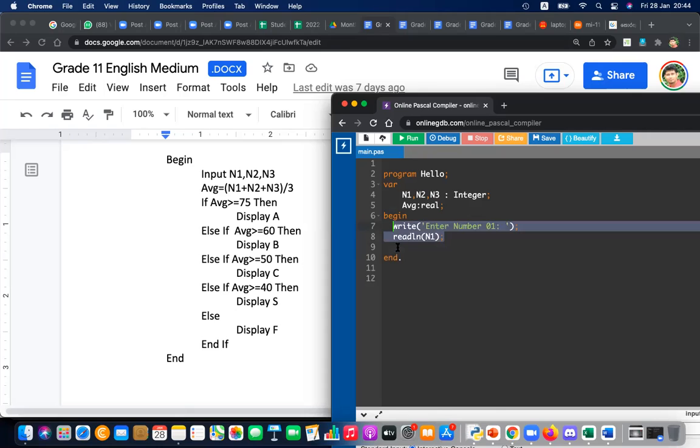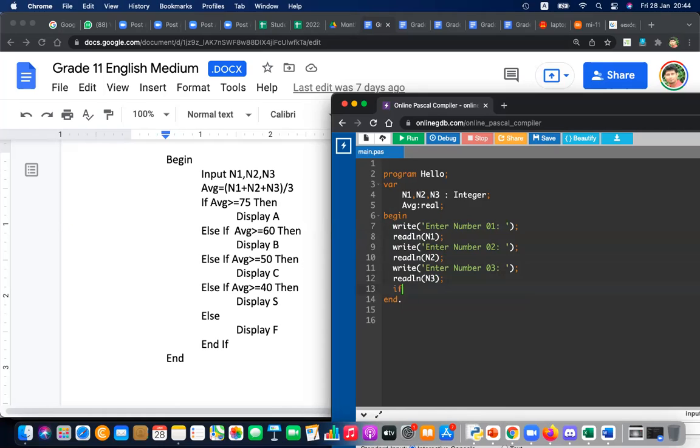Let's copy and paste the same. Number 2 and number 3 need to be taken from the user. Do it with me. Do it quickly with me. If any errors, you can share the screen.